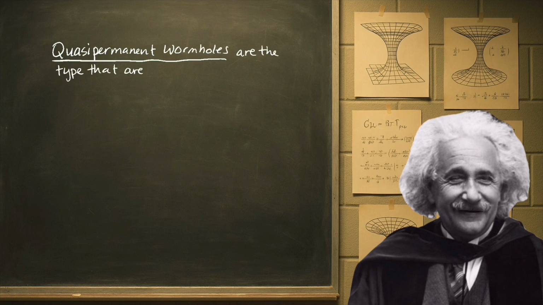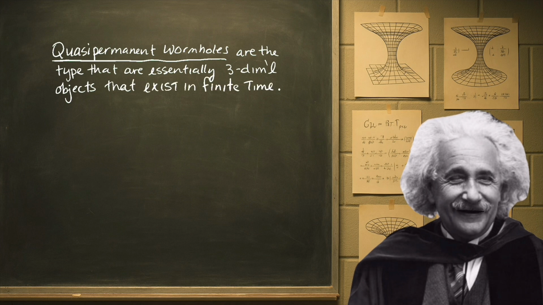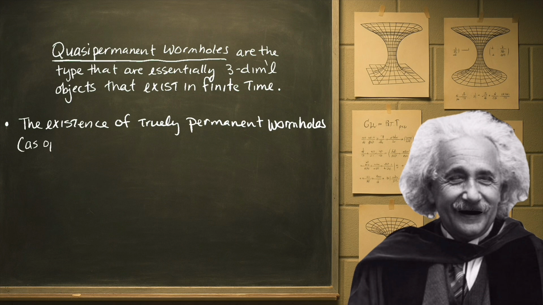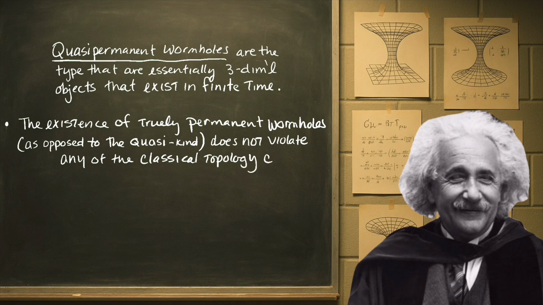Quasi-permanent wormholes are the type that are essentially three-dimensional objects that exist in a finite time. The existence of truly permanent wormholes, as opposed to quasi-permanent wormholes, does not violate any of the classical topology change theorems.